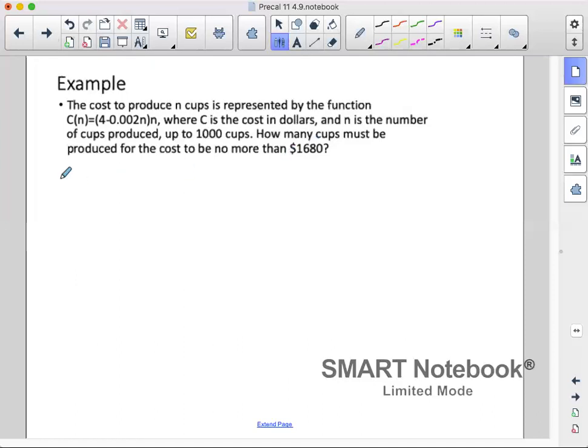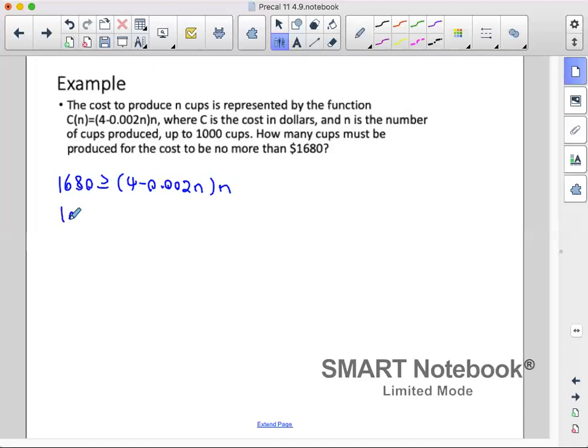So we'll put in the 1,680, so 1,680 is equal to or greater than our 4 minus 0.002n times n.